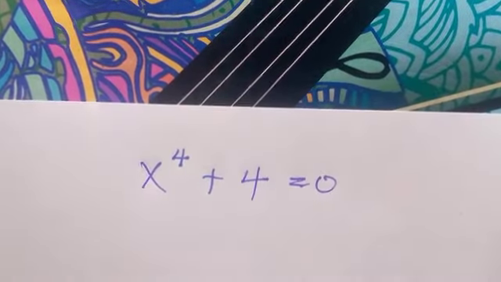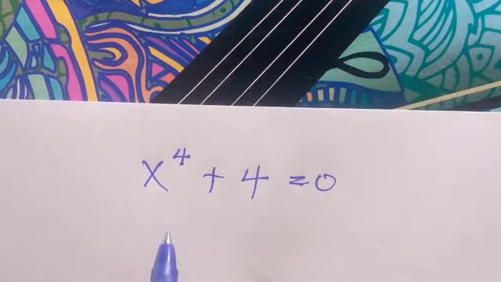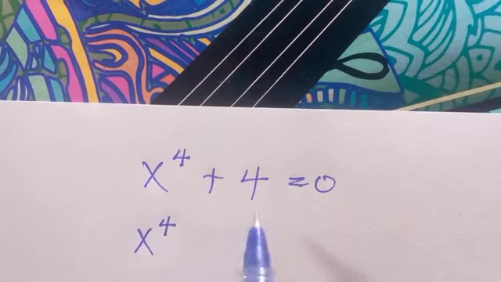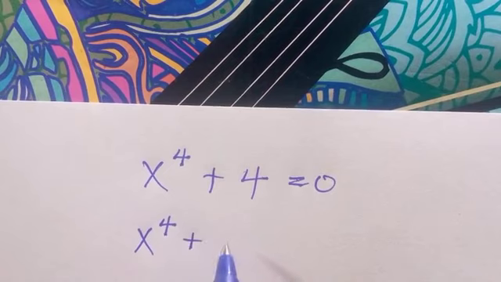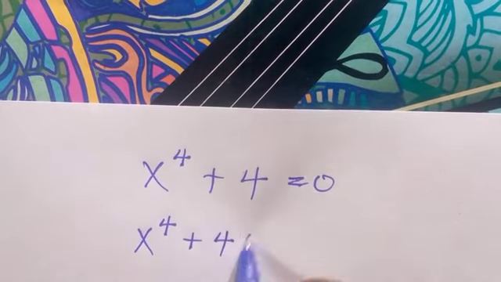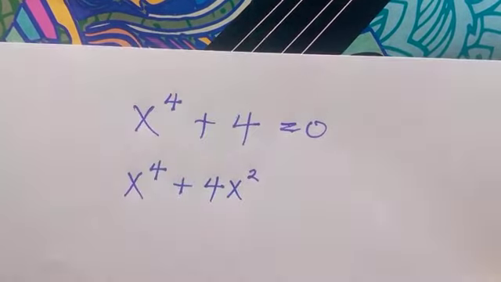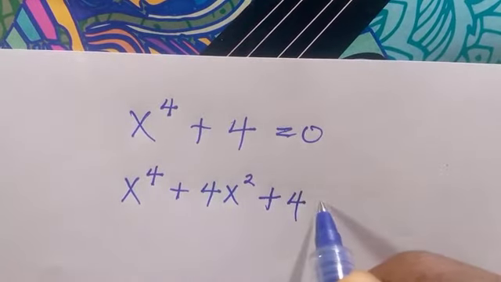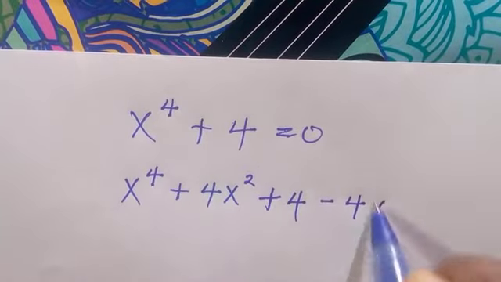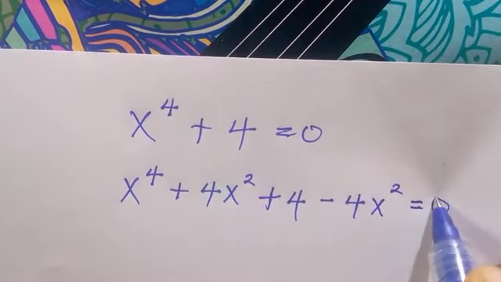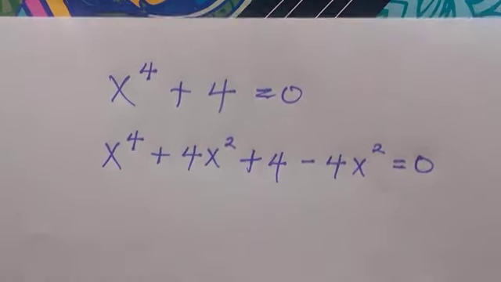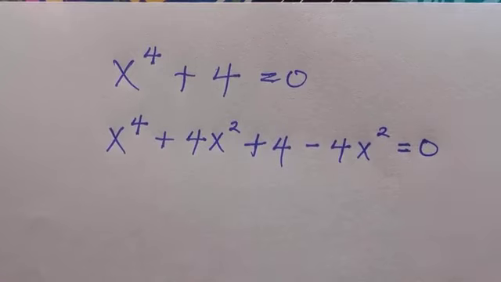Looking at this problem, the first move is, if you have x raised to the power of 4, I add 4x squared and subtract 4x squared. So we have 4x raised to the power 2 plus 4 minus 4x raised to the power 2 equals 0, as 4x squared minus 4x squared cancels, so we still have x raised to the power 4 plus 4.